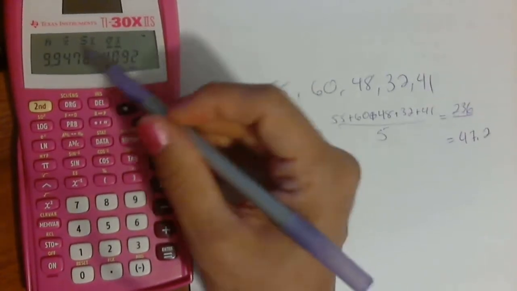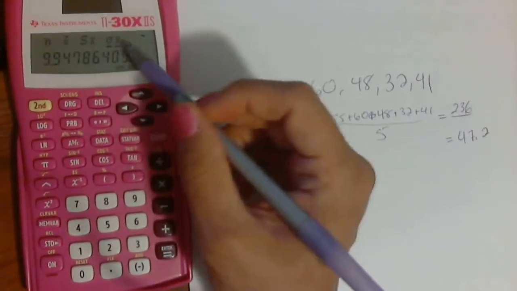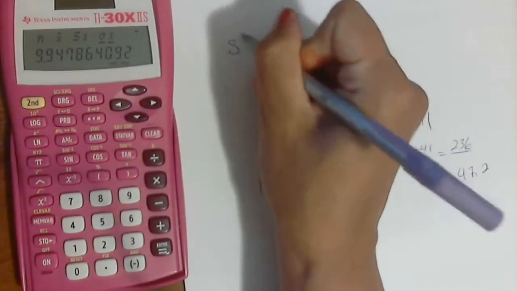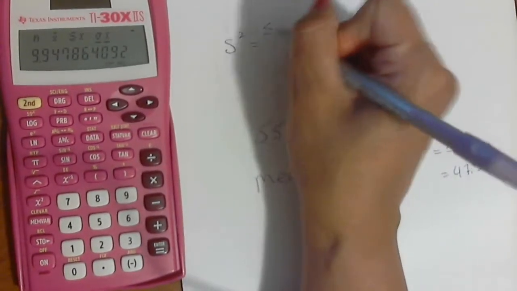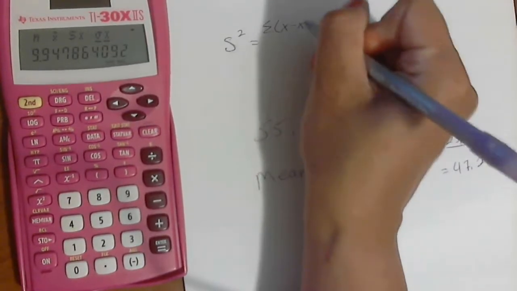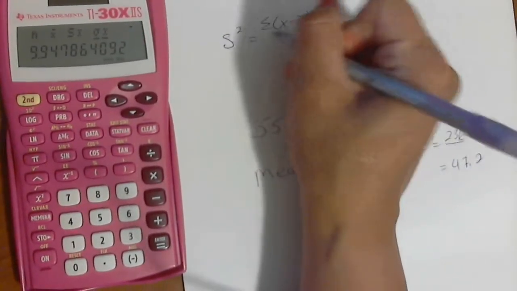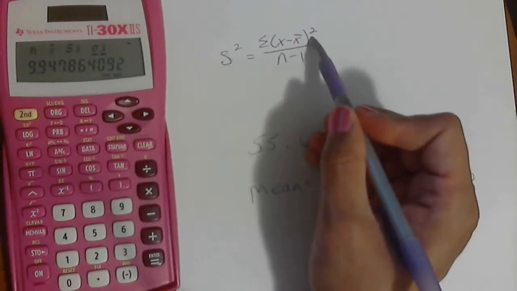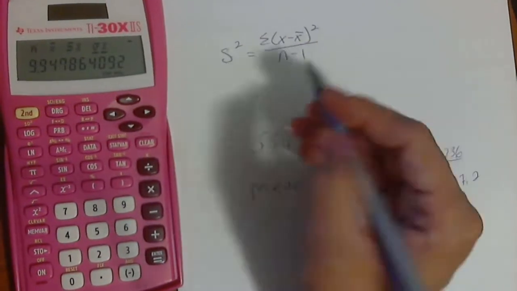The difference between these two is in the formula. Remember that the sample variance, because I've got it squared, looks like this, divided by n minus 1, where we take each data point, subtract the mean from it, square those, add them all up, and divide by n minus 1.